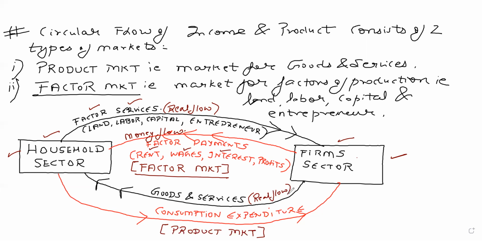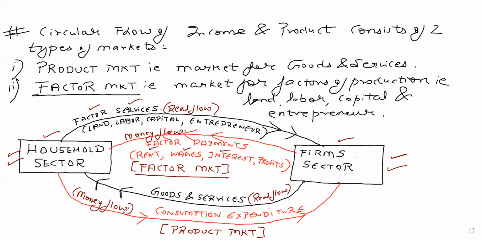And the payment for these goods and services is made by the households to the firms. These payments are made in dollars or in any currency. So consumption expenditure is nothing but my money flow. So this completes our diagram for the circular flow of income and product.